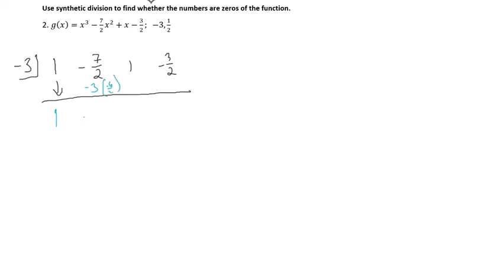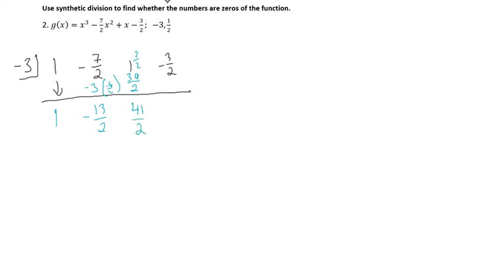So that would give me -13/2. Multiply that times that. Negative times negative is positive, but that's 13/2 times 3. And so that gives you 39/2. And plus 1, so 1 is 2/2. So that gives you 41/2.